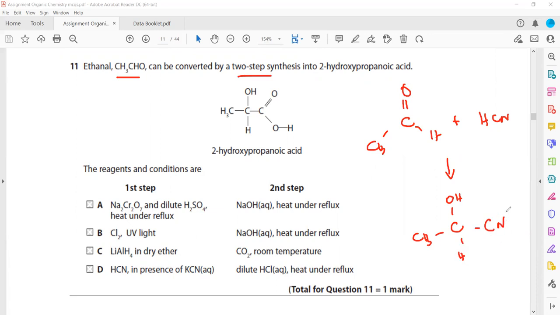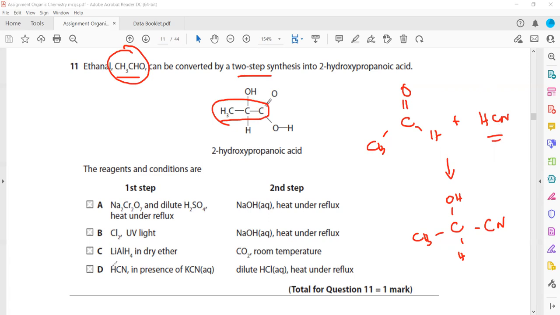And then we do hydrolysis of the nitrile group, and as a result it will turn into a carboxylic acid. So first we should react with what? Because we want to add a carbon chain to it. We have 2 carbons, but in the product we need 3 carbons. So the way we can add a carbon to the molecule is by reacting to form a nitrile group.